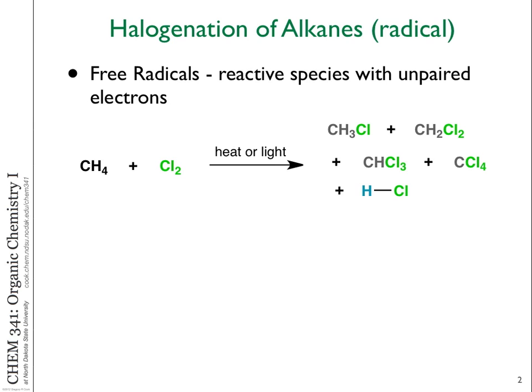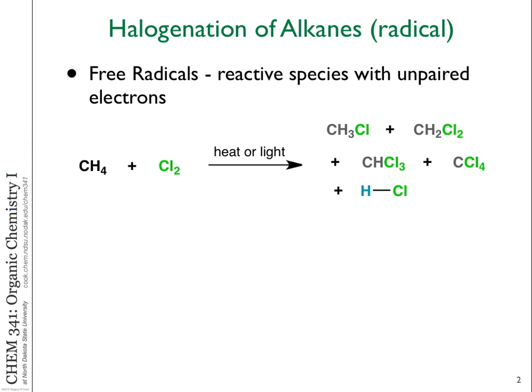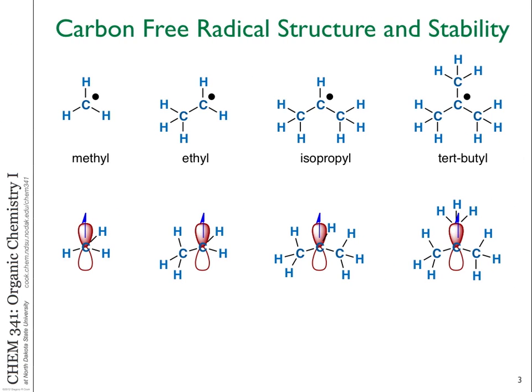And it actually forms a mixture of products. Mostly the monohalogenated product is what's formed. And we were talking a little bit about details of this mechanism. So one of the species which is generated is these reactive carbon radicals. Those are carbons with unpaired electrons, where an electron is missing, so it doesn't have an octet.